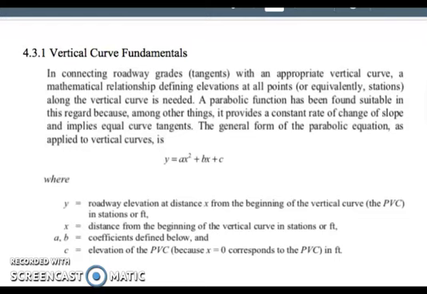Then x is the distance from the beginning of the vertical curve in stations. And a and b are coefficients. And c is the elevation of PVC. Of course, we know that PVC is the initial point of the roadway, so x here is equal to 0.